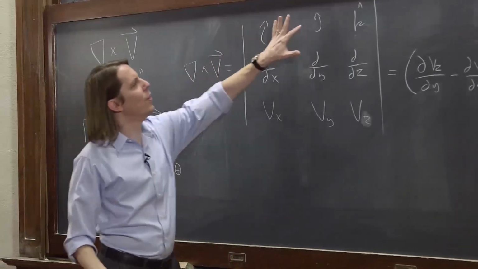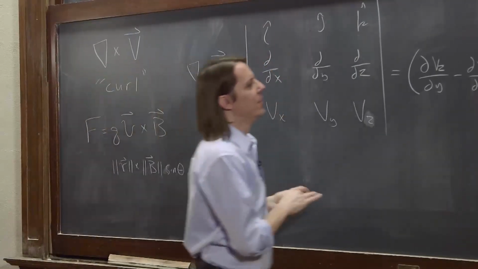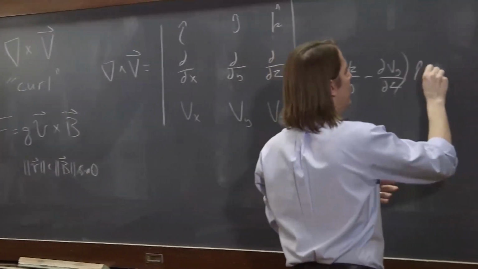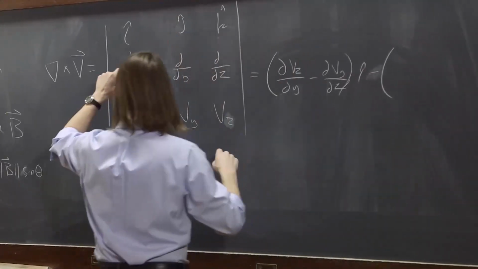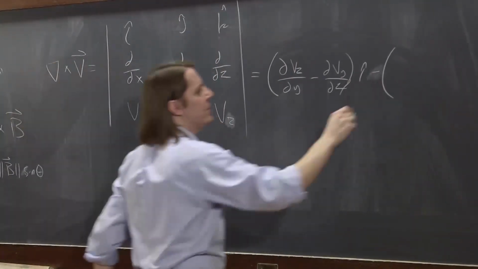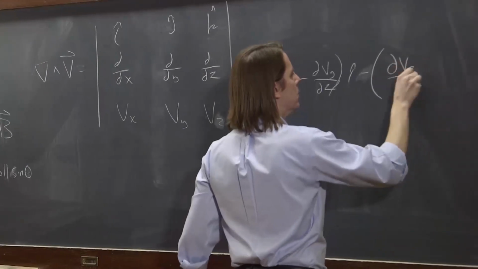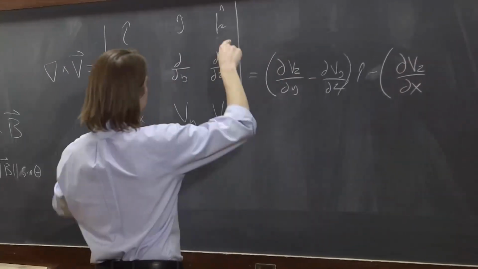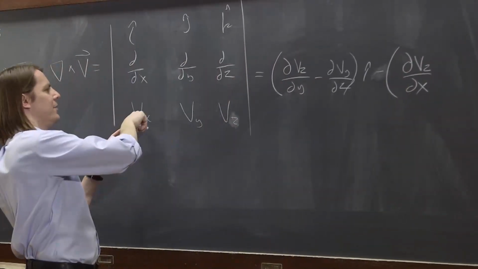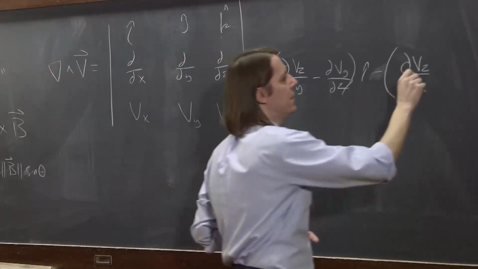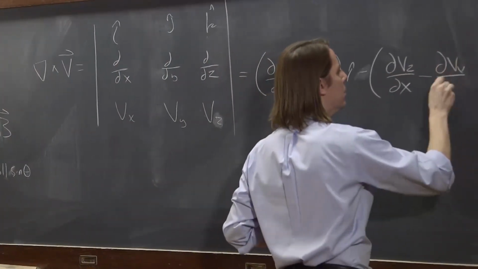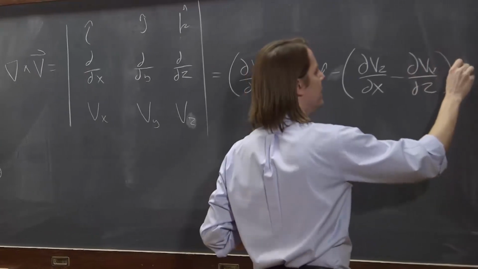And then when you move over one, you always have to go negative. So you'd say minus dVz/dx, and minus dVx/dz. And that is the j hat.